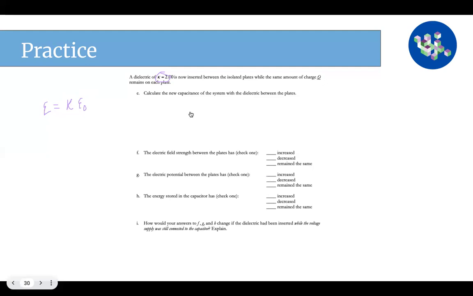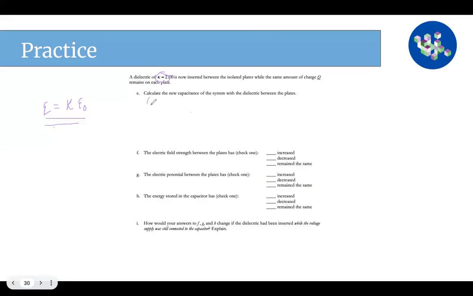Right. I'll go over a bit of this problem and I'll probably leave some of it as homework so that you guys can think about it more because we're running kind of low on time. So calculate the new capacitance of the system with the dielectric between the plates. Okay, so now we have epsilon equals kappa times epsilon zero.